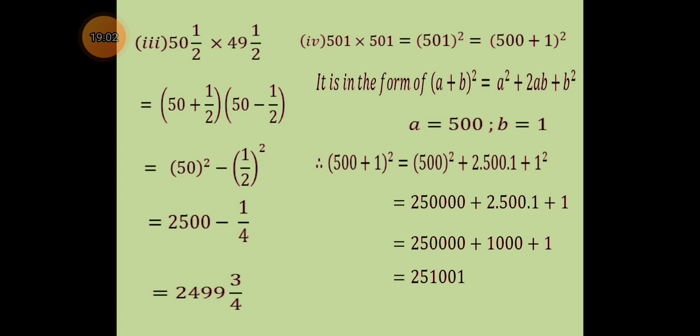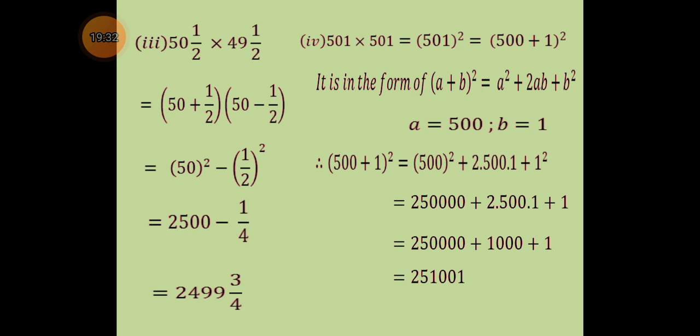Now let us see one more problem. 50 and half into 49 and half. Now the vision should tell you it is in which form. 50 and half is half more than 50. 49 and half is half less than 50. So a plus b, a minus b. 50 plus half into 50 minus half makes a square minus b square. 50 square minus half square. 50 square again, 5 square is 25.